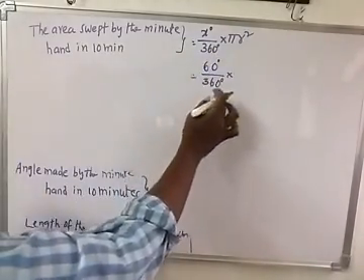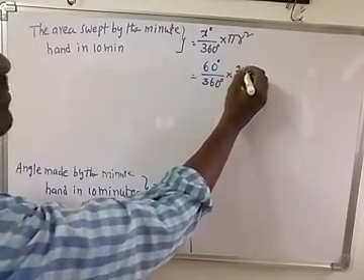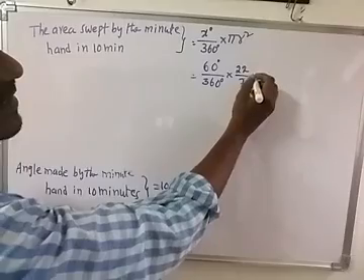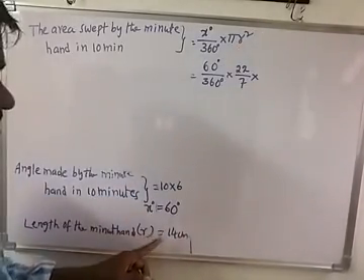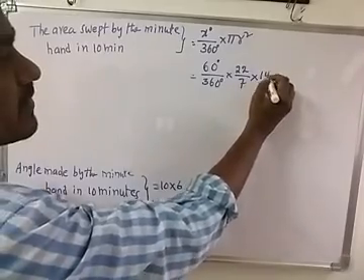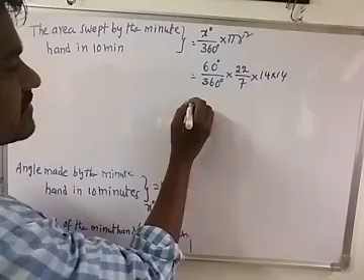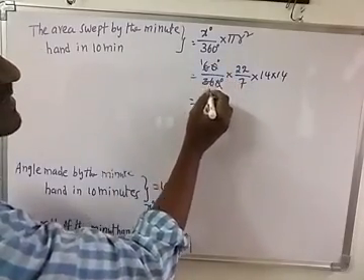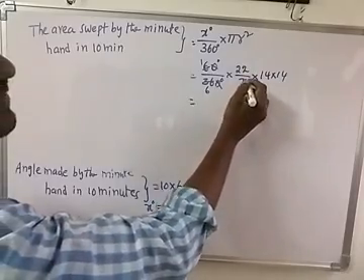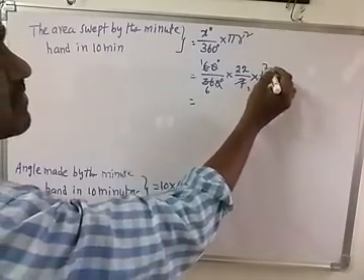So 60 by 360 into pi, the value of pi is 22 by 7, into r squared, that is r into r, which is 14 into 14. Now the zeros cancel. 6 ones are 6, 6 sixes are 36. 7 ones are 7, 7 twos are 14.